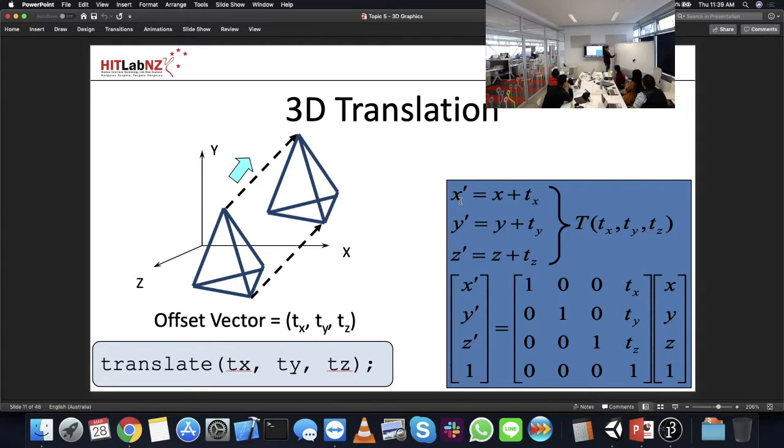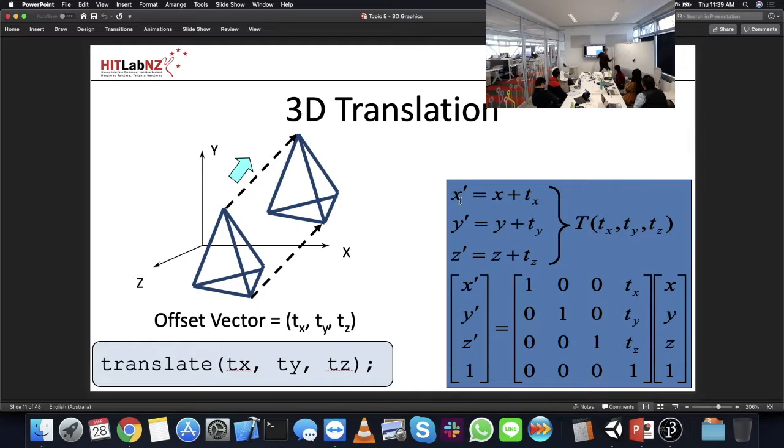So if we shrink that down, we get X plus Tx. Do the second one: 0 times X is 0, plus 1 times Y is Y, plus 0 times Z is 0, plus Ty times 1 is Ty, which simplifies down to Y plus Ty, which is our second one.